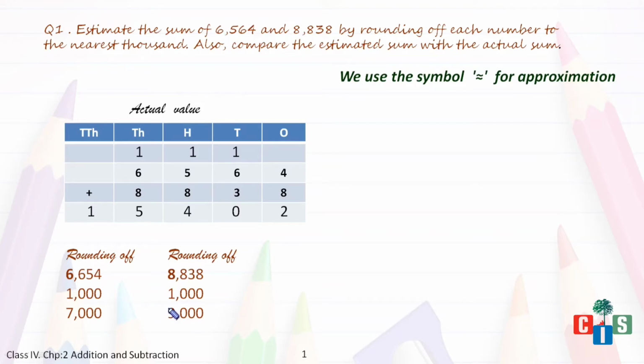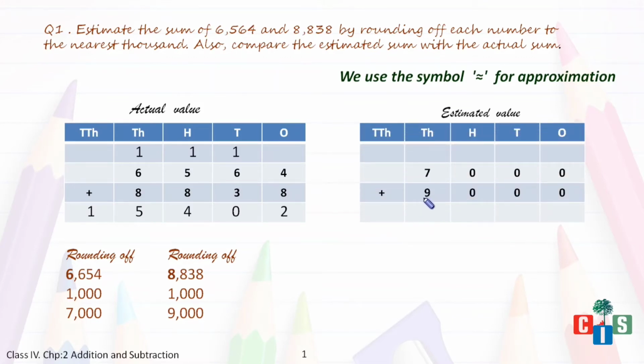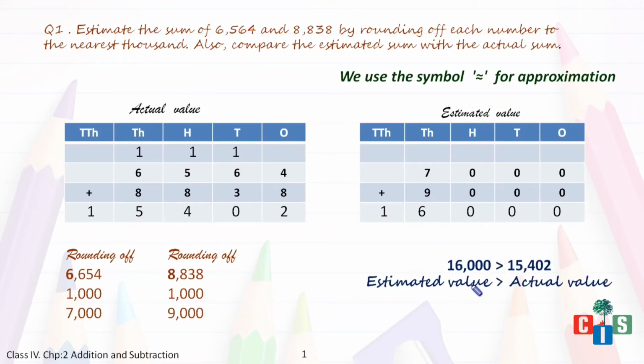So I got my two estimated values, and hence I will add them up and get my estimated sum also, that is 16,000. Okay. Now the only part remaining is comparison. Here you have been asked to compare the estimated sum and the actual sum. So by comparing, you can say that the estimated value is greater than the actual value.